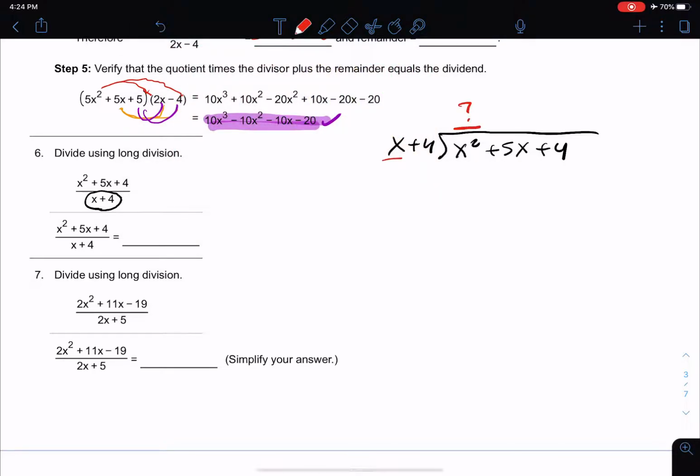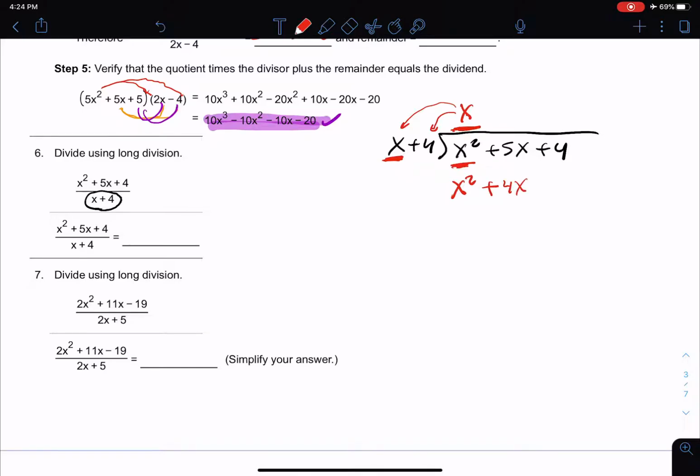What times x gives me x squared? Question mark. What times x gives me x squared? And yes, I heard everybody yell out, that has to be x, because x times x is x squared. And x times 4 is 4x.